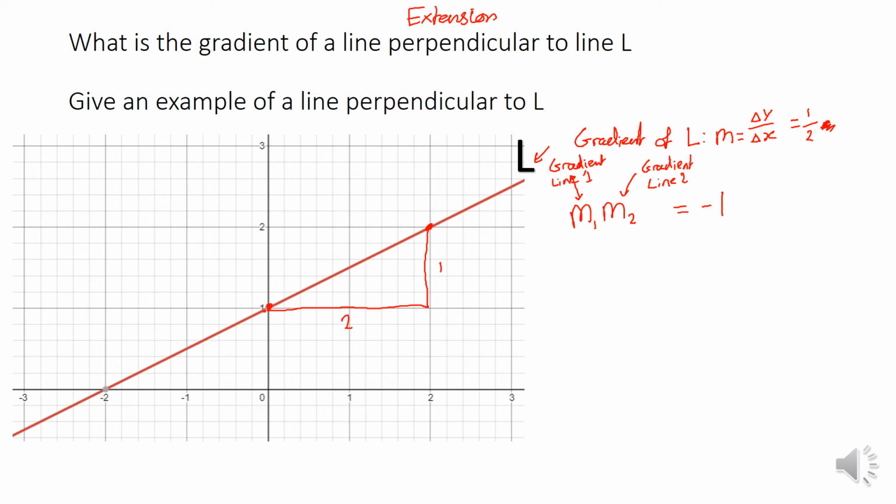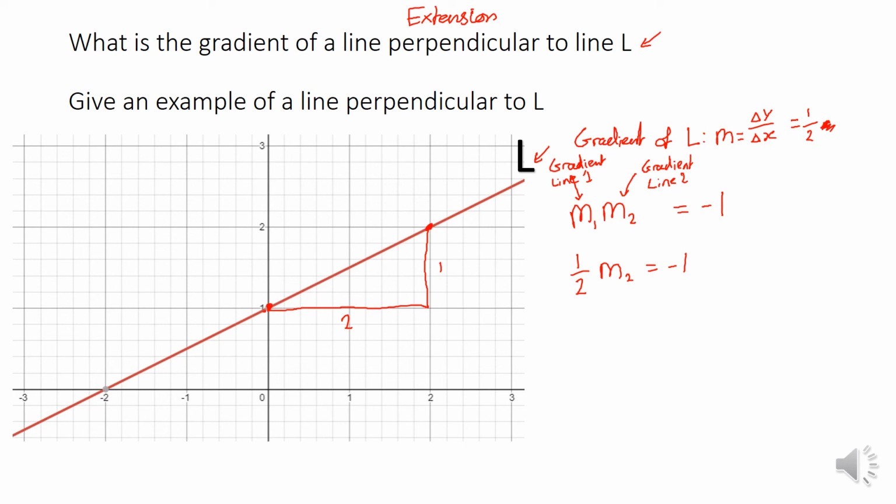If we're saying line 1 is L, that means m1 is a half. So we've got a half times m2 equals minus 1. Now that we've got that, we can solve this and work out what m2 is. That'll be the gradient of the line perpendicular to line L, which is what we want here.